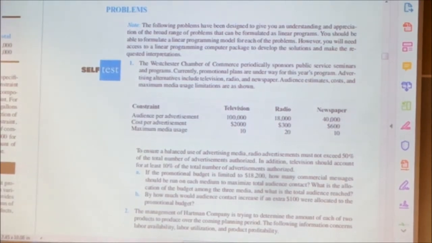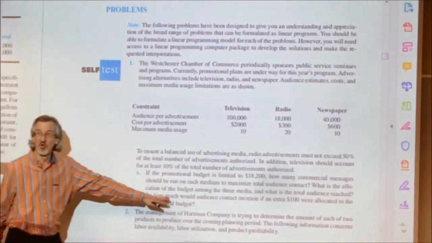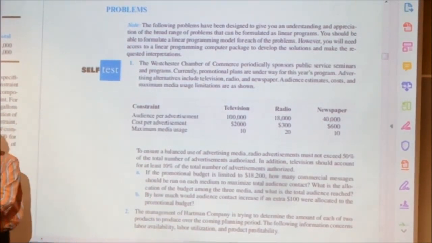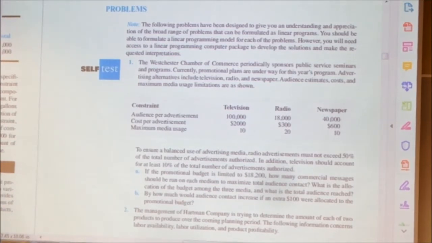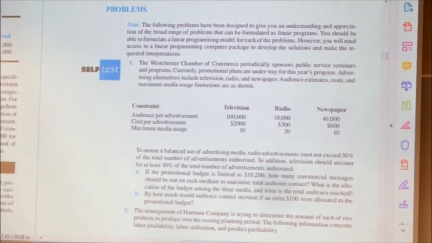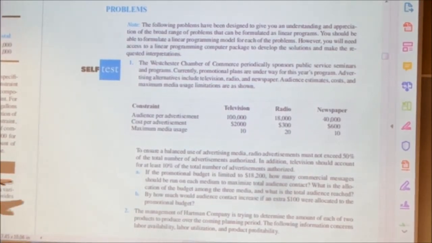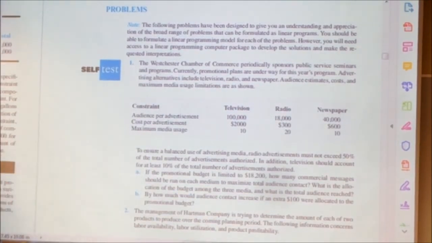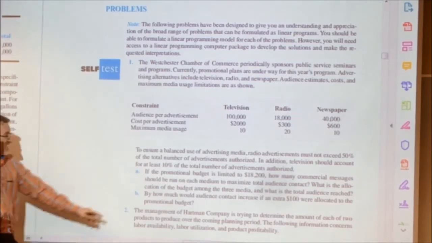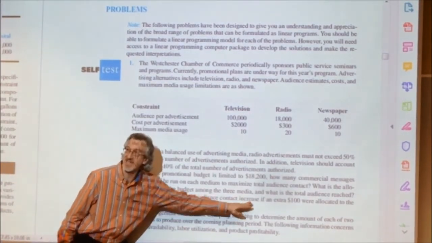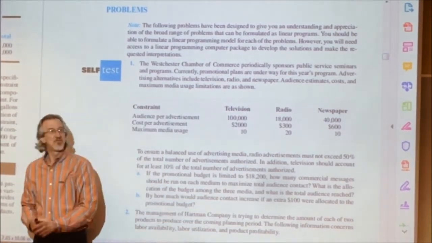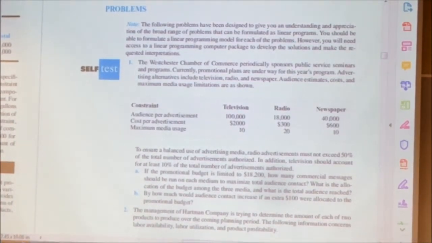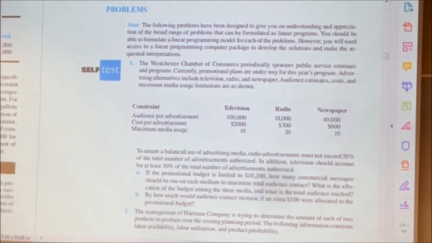But this question is really, and I'll probably put some additional words if I had a question like this, trying to get you to do an analysis of the output by looking at the upper limit, looking at the dual price, calculating the new objective function value. And the new objective function value here, because the objective function is maximizing the audience reach, that's what these words mean. Audience contact increase is how much the objective function value will go up because of this right-hand side of this constraint going up $100, by just analyzing the output.